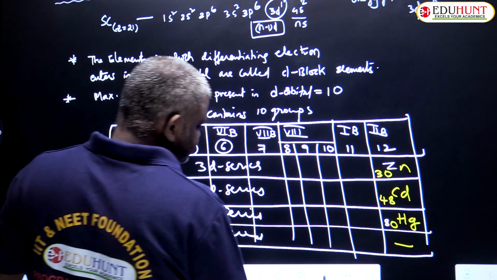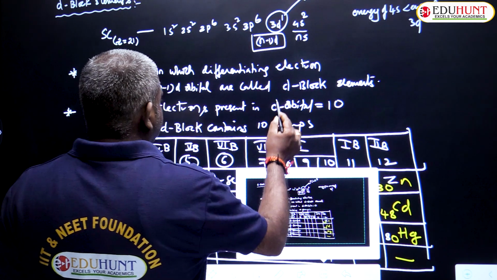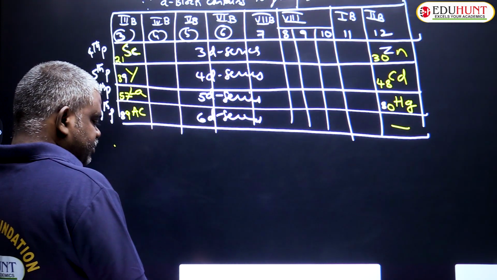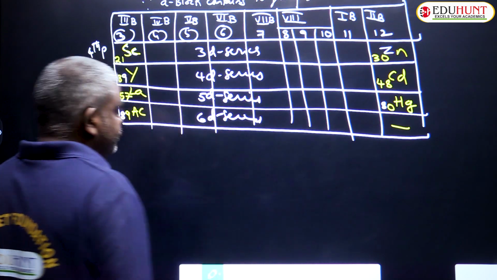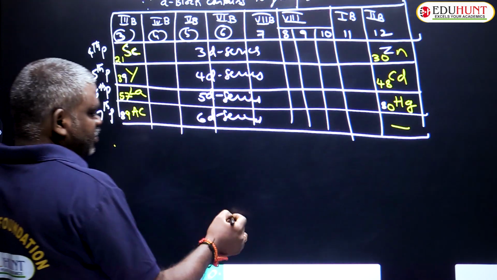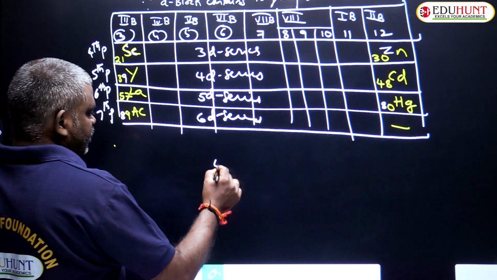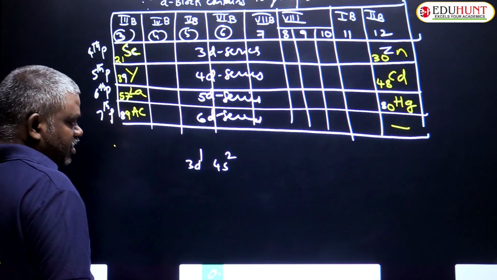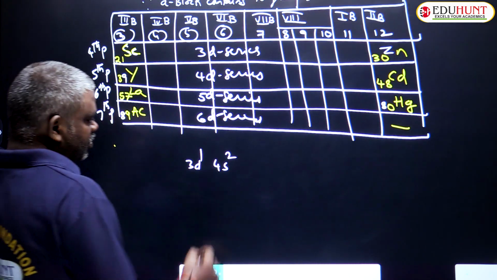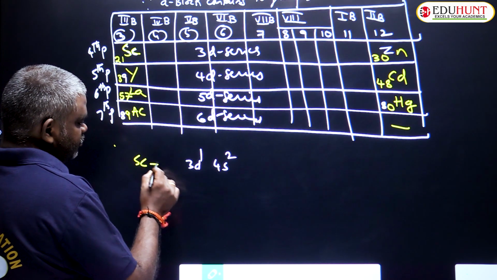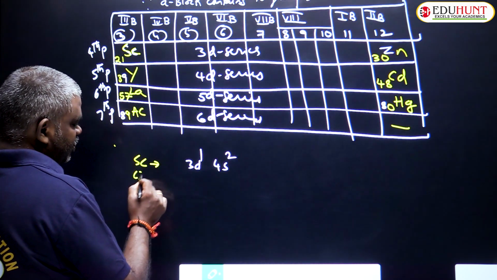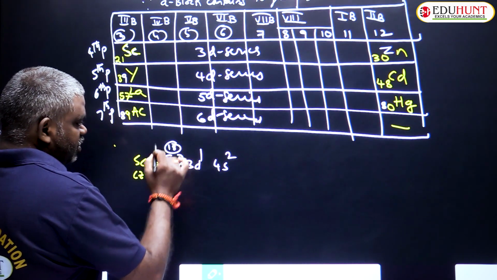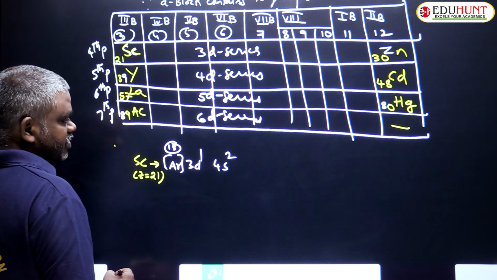Understood? Now if you observe the general electronic configuration of these elements, for example scandium, atomic number 21, it is argon, 18 electrons, plus 4s2 3d1.